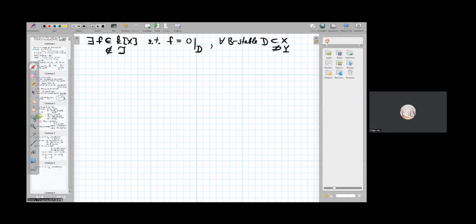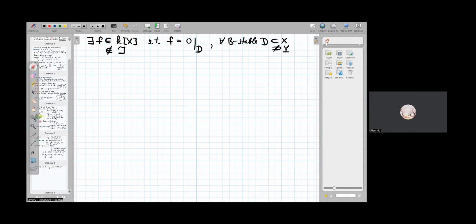So imagine the picture. You have an orbit Y in X, and you have some other B-stable divisors which do not contain this orbit. Then you can pick a regular function which vanishes on all these divisors, but does not vanish on the orbit.